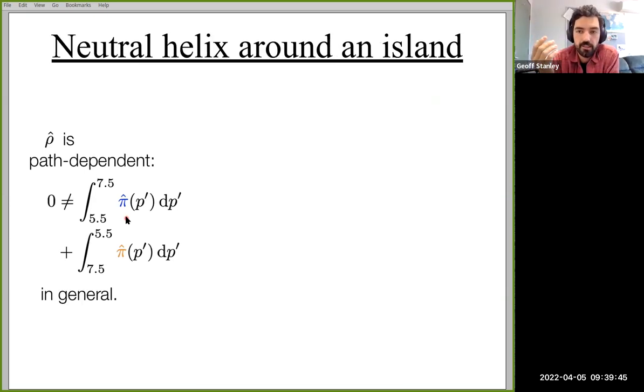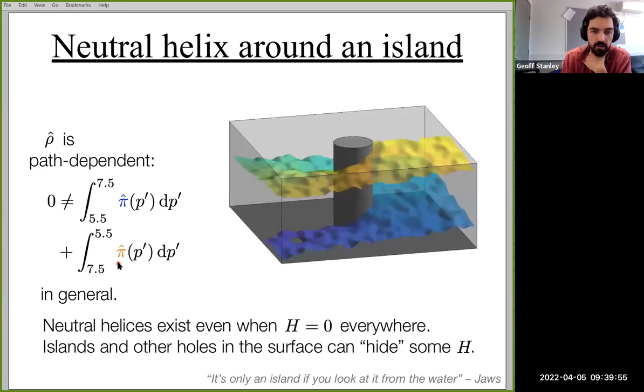It turns out, though, in the ocean, that's not true. There's no reason that the ocean would have to oblige us in this way. So in general, that doesn't hold. And what does that imply? Well, it implies that islands can actually contain some of this non-zero neutral helicity. I said that helicity H was this quantity that means that you have this helical pitch to neutral trajectories.